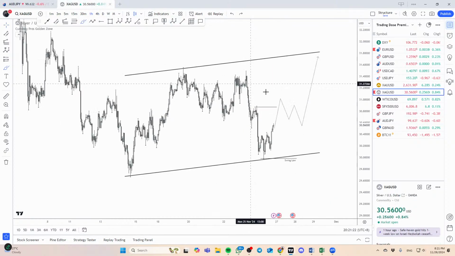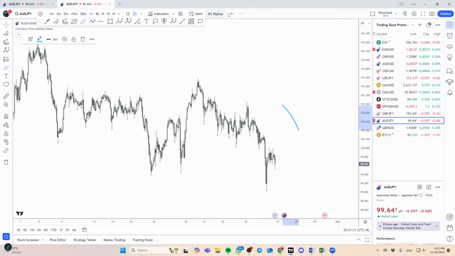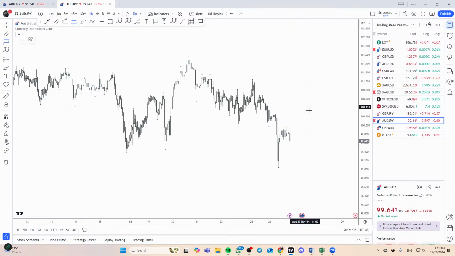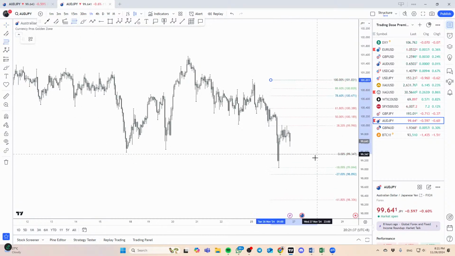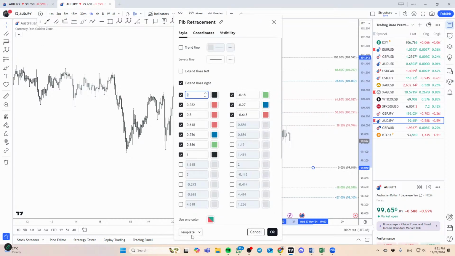Okay, so if you look at the hourly smaller time frame perspective, that would also give us some confluence factor, if you're going to take it from there.